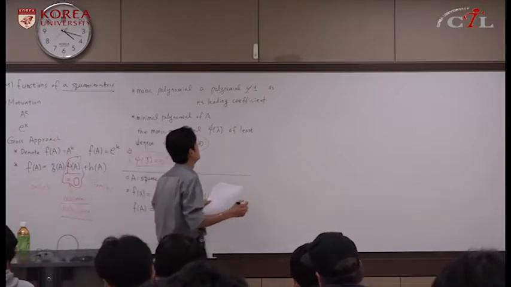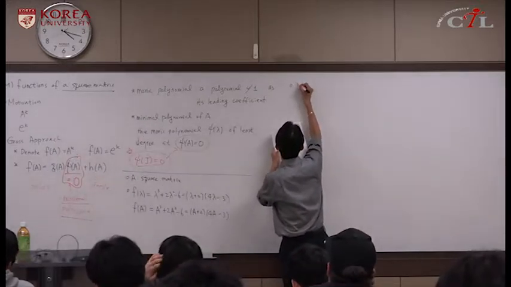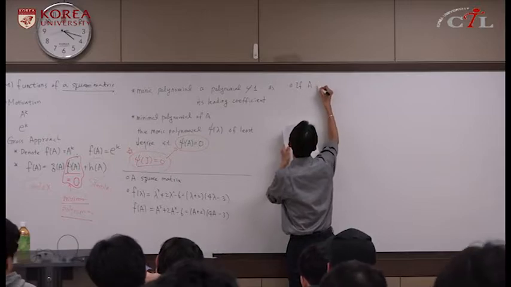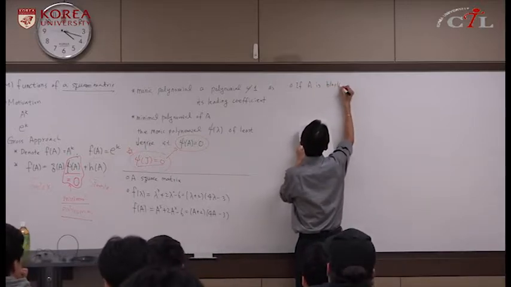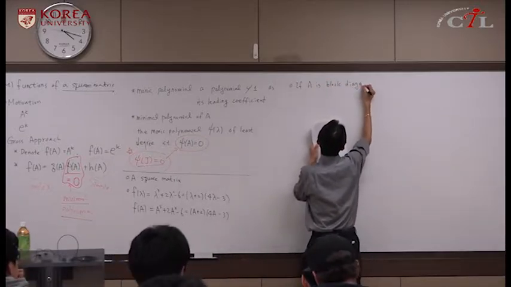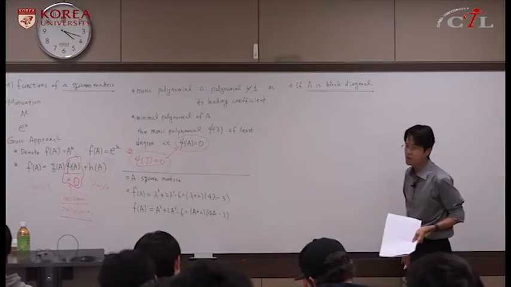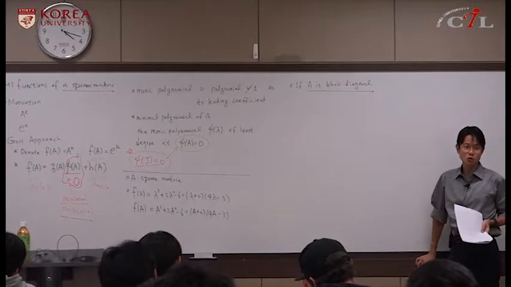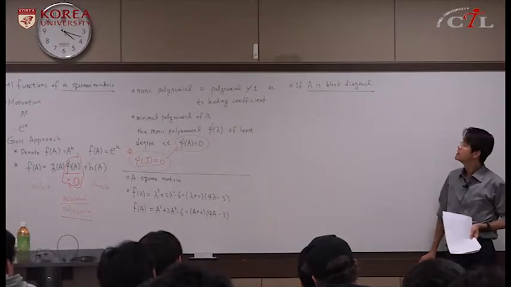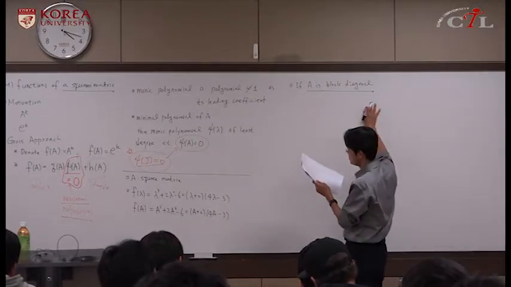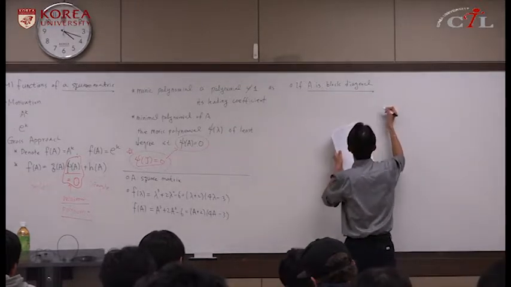Then, if A is block diagonal, from this sentence you feel that maybe A is going to be a Jordan matrix, right? Jordan form.